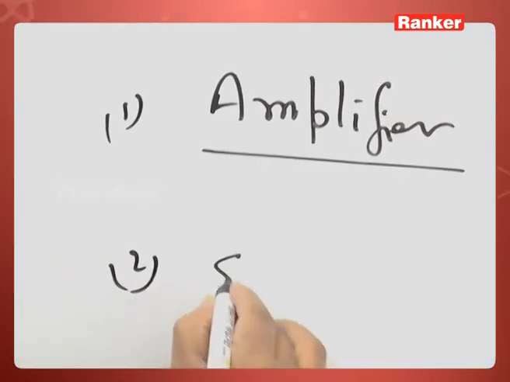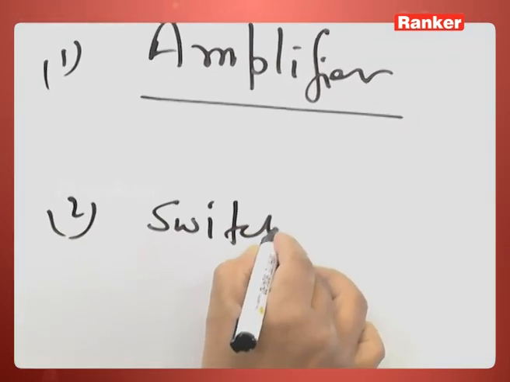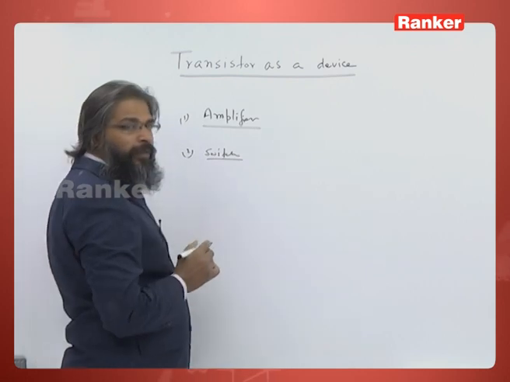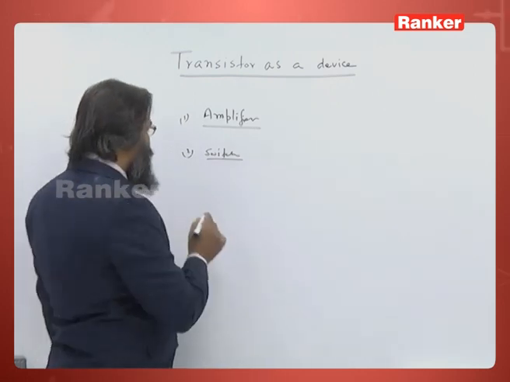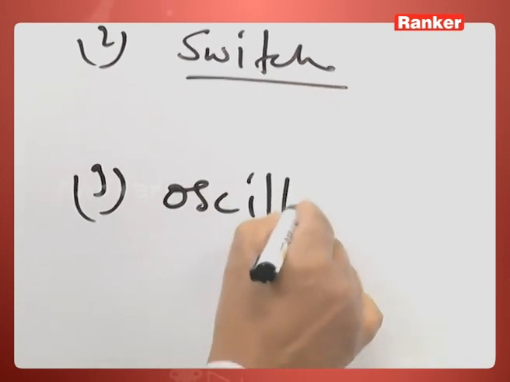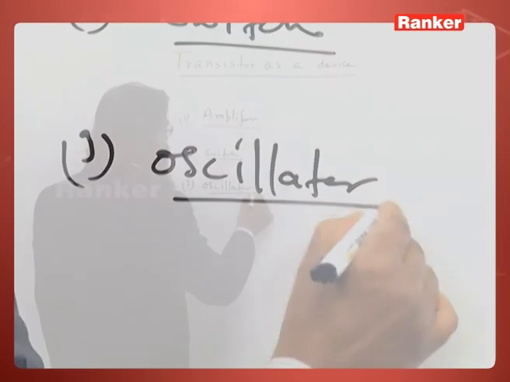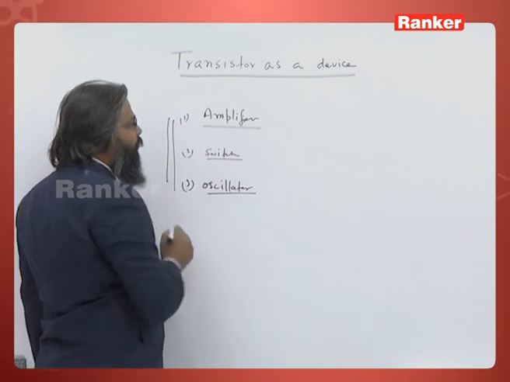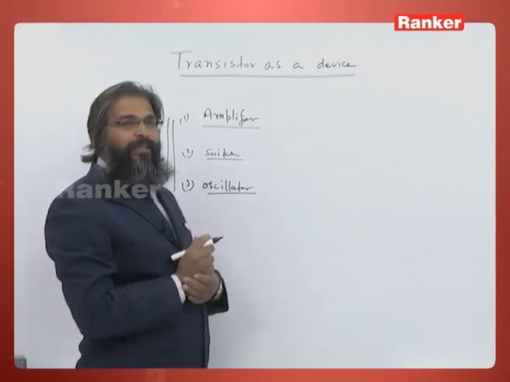Next, as a switch, we can see how it can be used to operate a switch. And third, as an oscillator. So, there are three device usages we will study for a transistor.